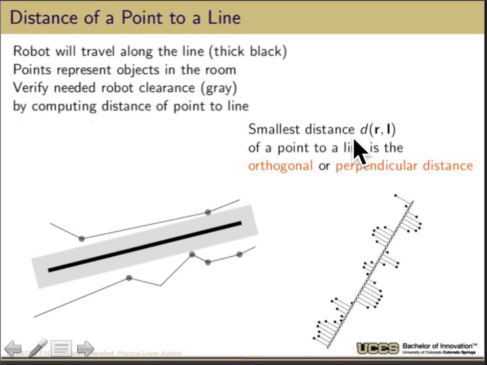So we can talk about the smallest distance of a point to a line. And it turns out that there's a nice property that for a line, the smallest distance of that point to the line is perpendicular to the line. And to see this geometrically, imagine that it wasn't perpendicular. Choose some other point. Then I could always represent that point as some distance perpendicular plus some distance along the line.